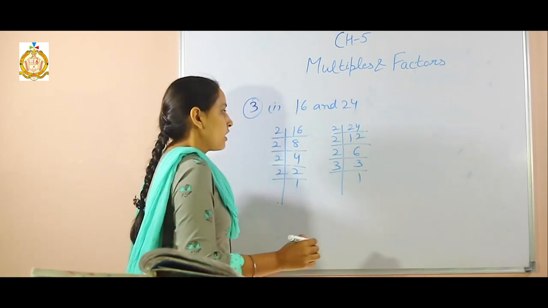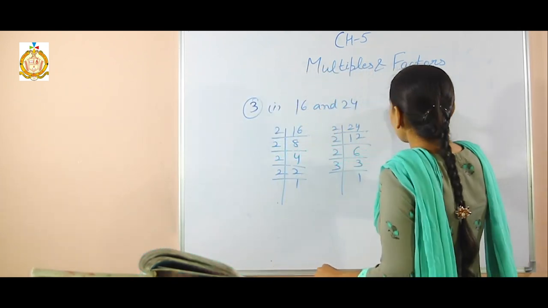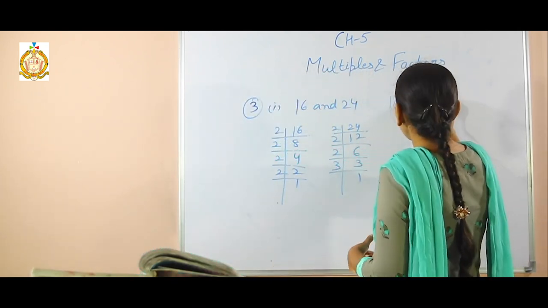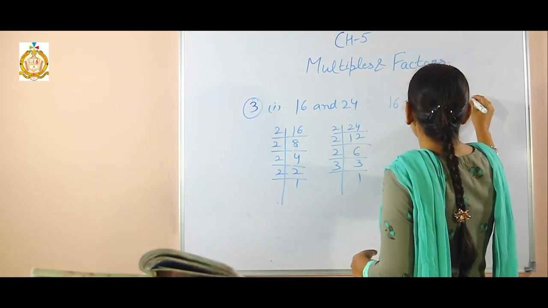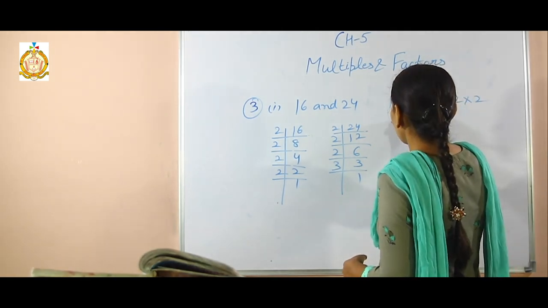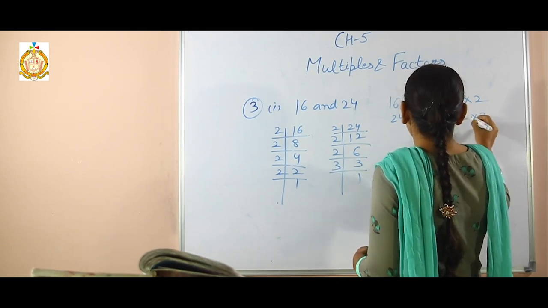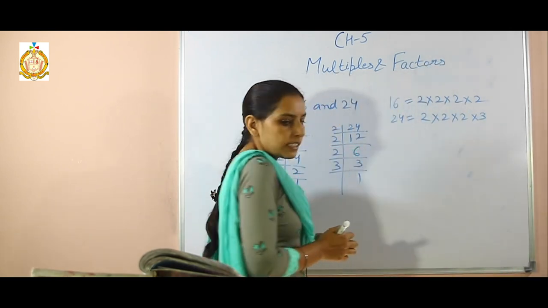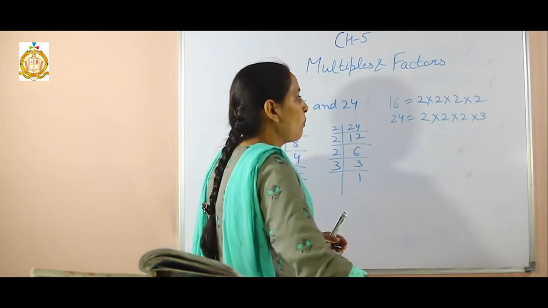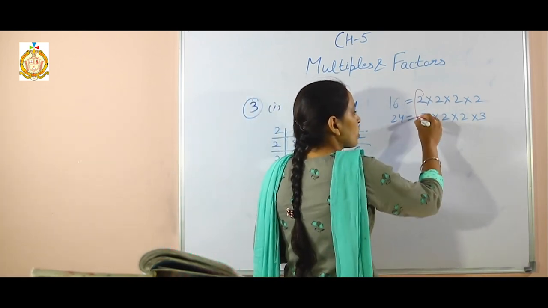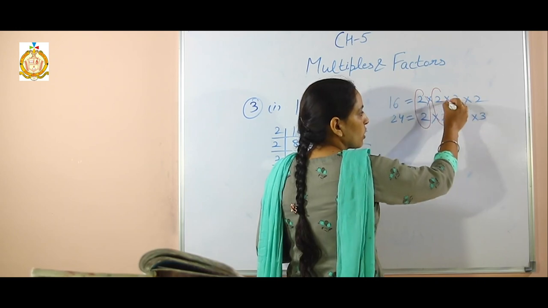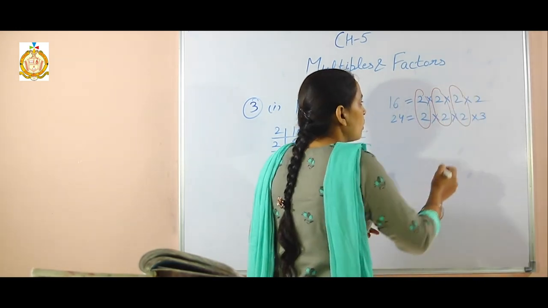Now write down 16 is equal to 2 multiplied by 2 multiplied by 2 multiplied by 2, 4 times, and 24 is equal to 2 multiplied 3 times multiplied by 3. Students, again, which one is common? 2 is common to 2, 2 is common to 2 and 2 is common to 2.